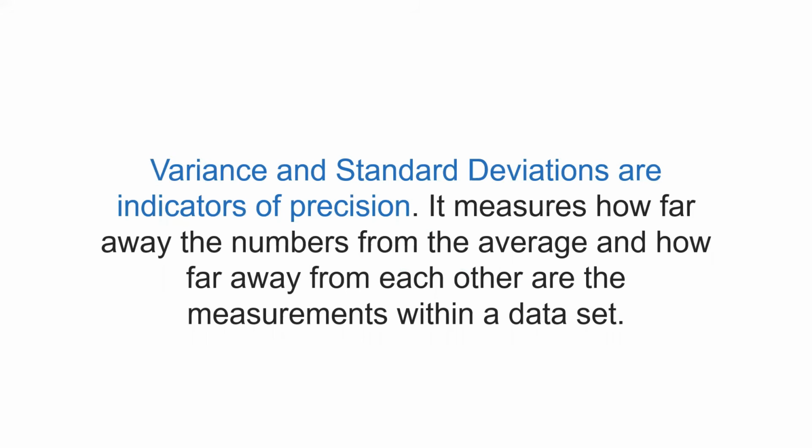On the other hand, a small standard deviation means that most of the measurements are close to their average, and a large standard deviation means that the measurements are very diverse and they must be farther from the mean of your data set.